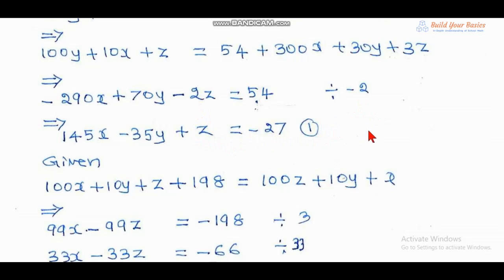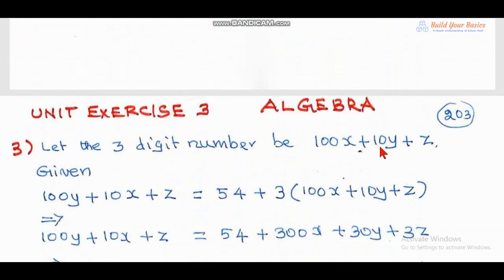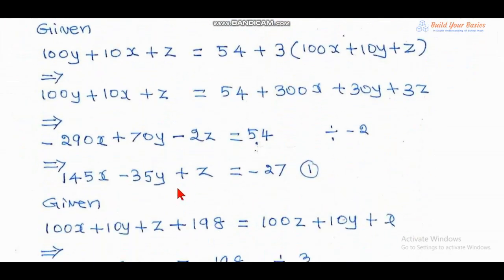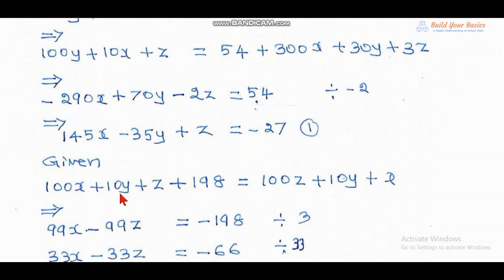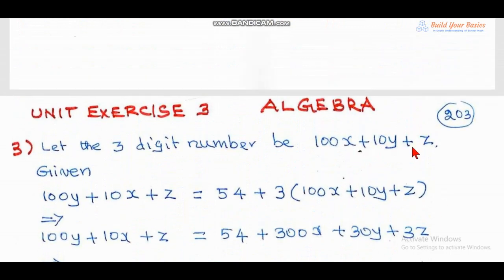Then take up the second statement. If 198 is added to the number 100x plus 10y plus z, then the digits get reversed. The digits were x, y, z.